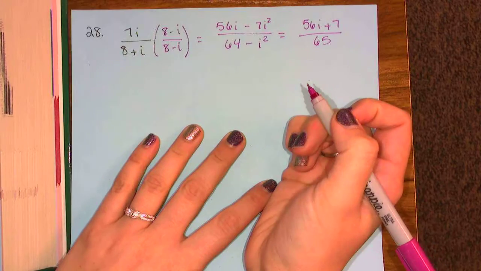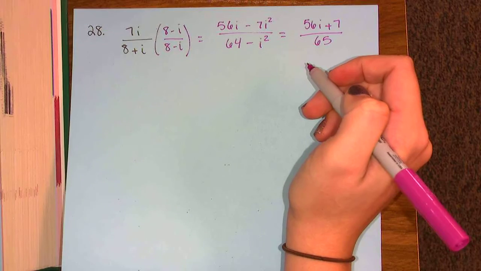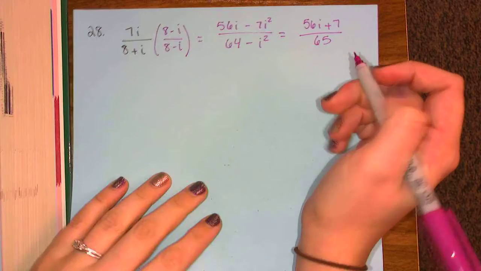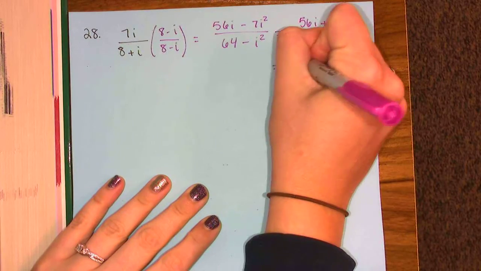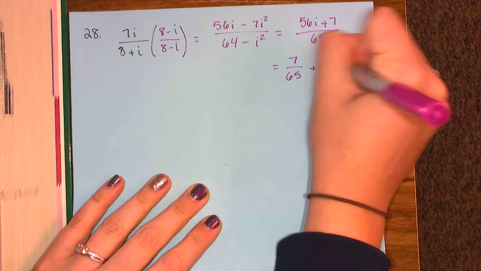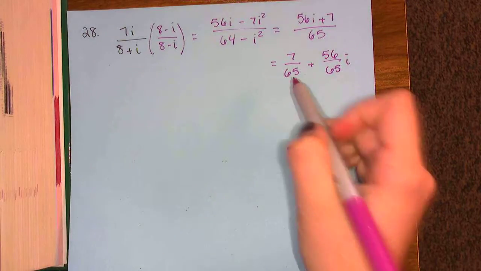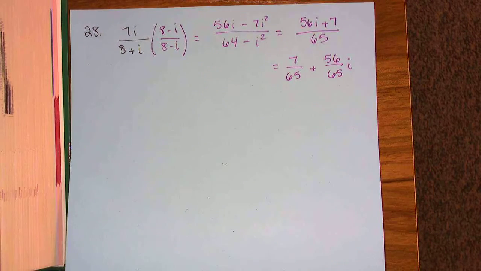So to get it in standard form, I need to flip these, and I'm also going to write them as two separate pieces. So 7 over 65 plus 56 over 65, and then the i goes behind it. So you still have your real piece and your imaginary piece.